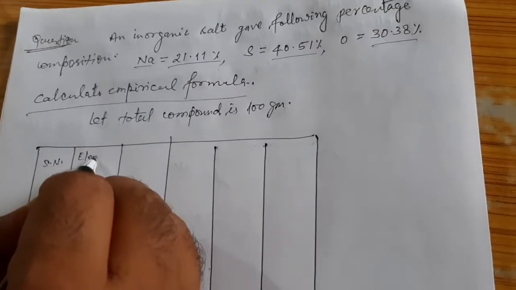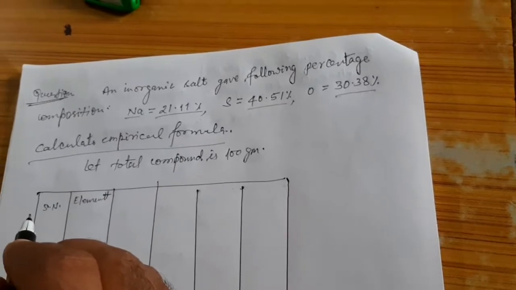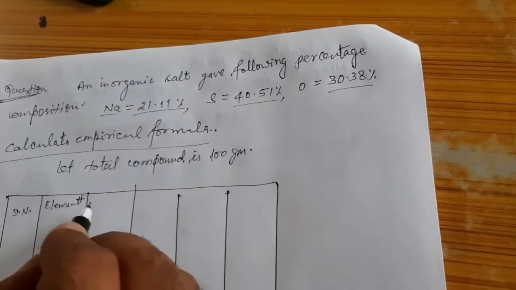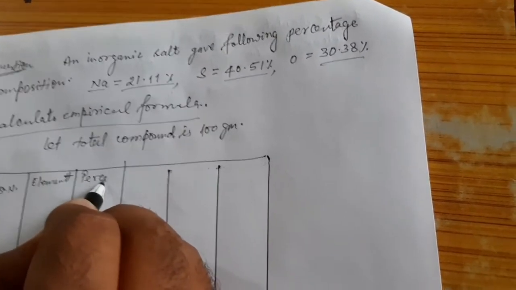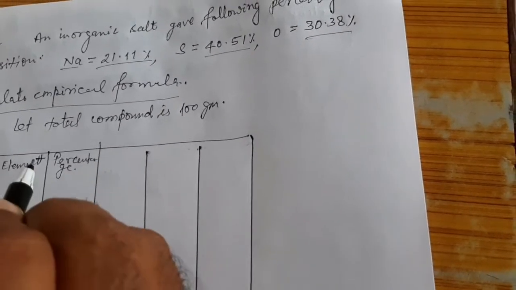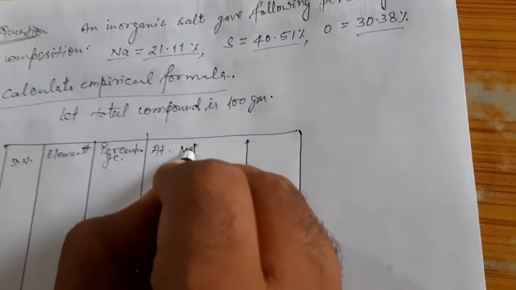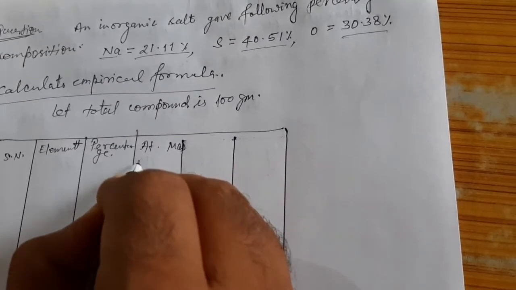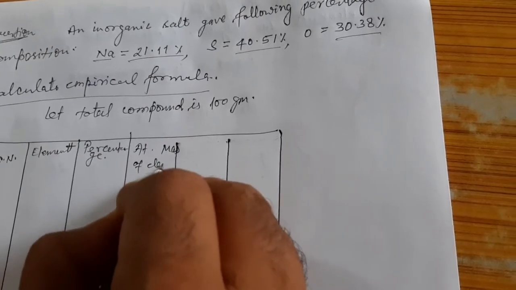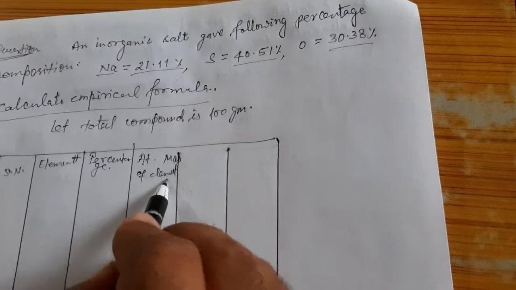second is for the element, which element we have to calculate here, third is its percentage, the given percentage, or we can say the amount of element, then atomic mass of element.